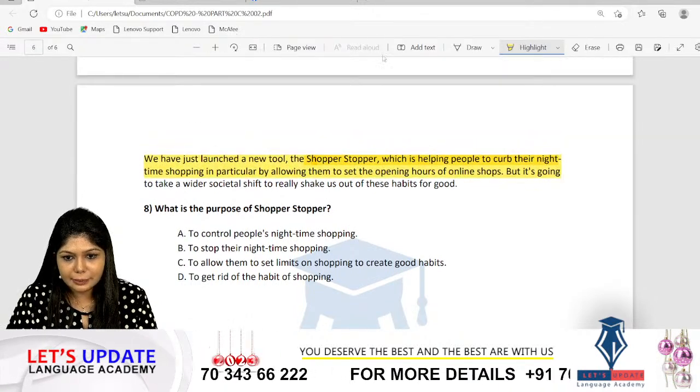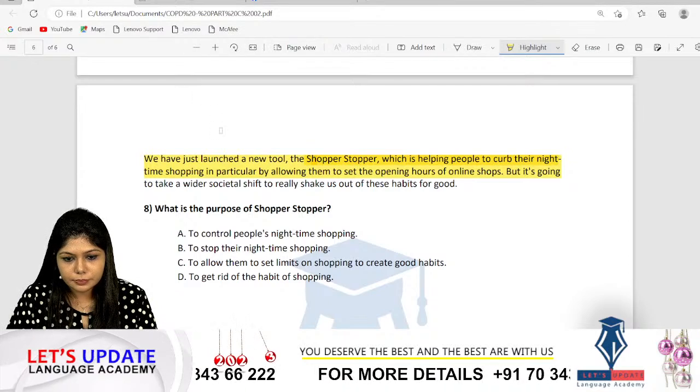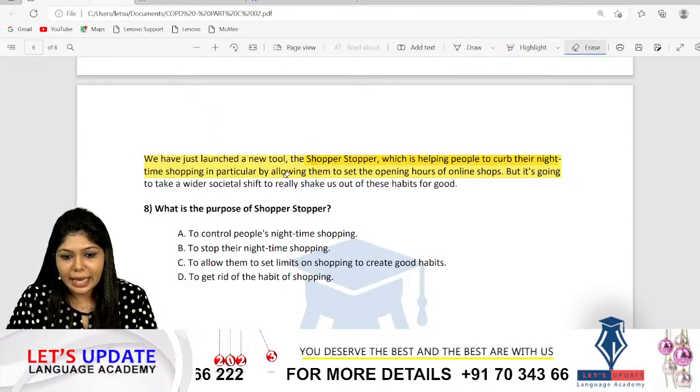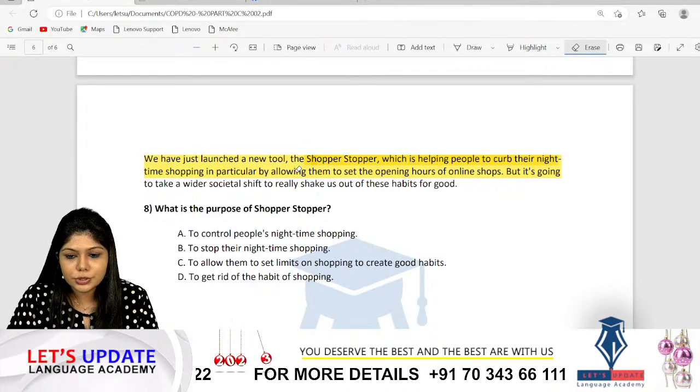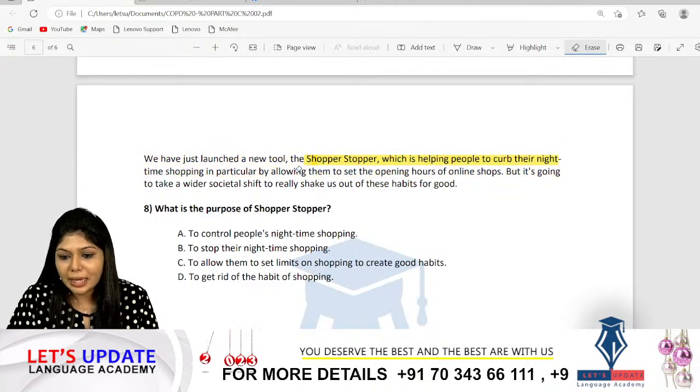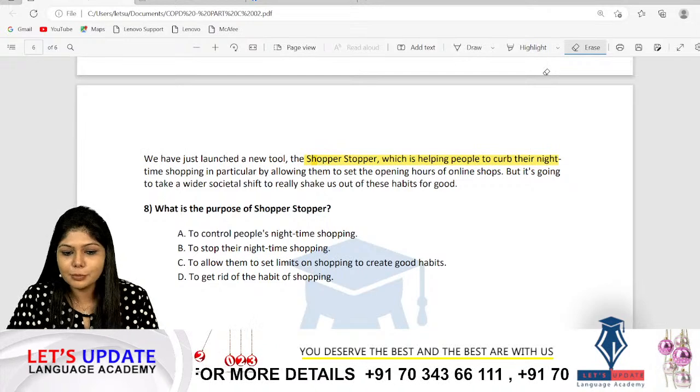So basically, they have launched this new tool called Shopper Stopper to help people to curb their nighttime shopping.